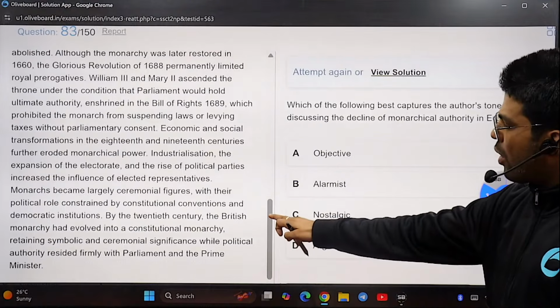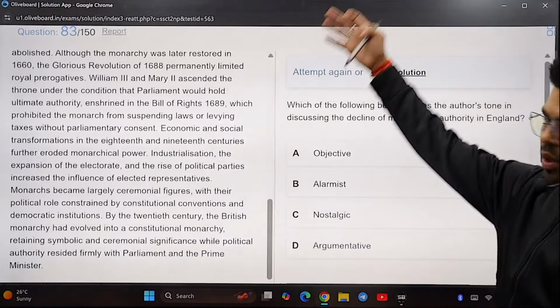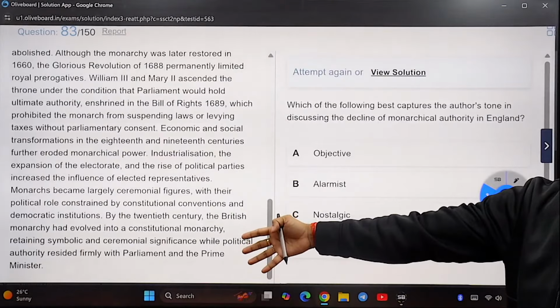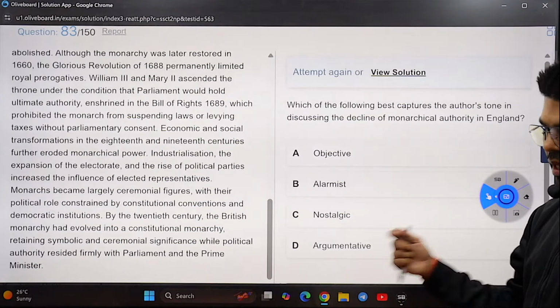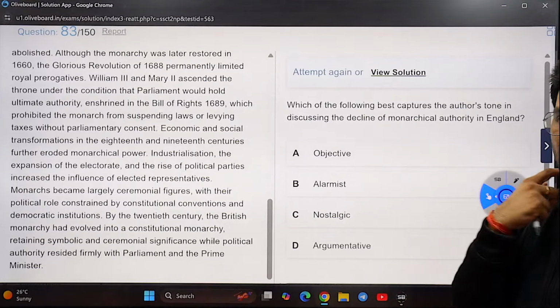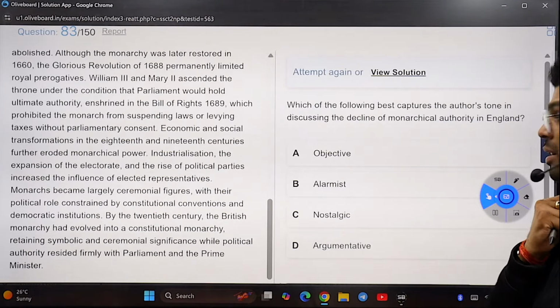But do you think the author is putting any argument against anything? That was all history. The author did not put any argument to this, like, in my opinion, it should be this, it's not good for the nation. He did not say anything such.